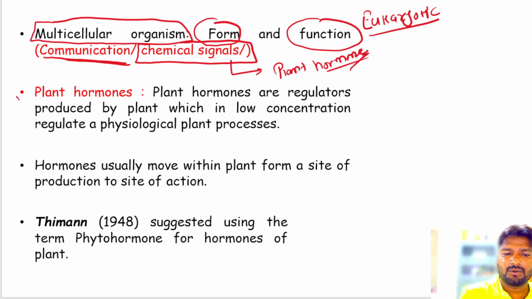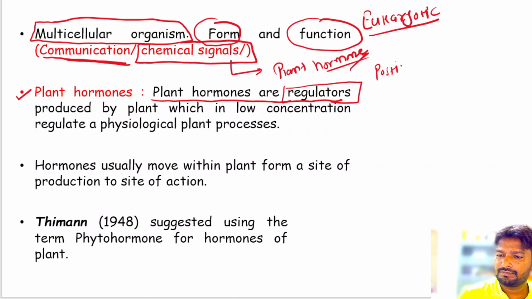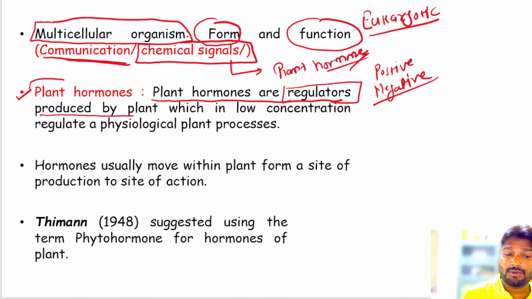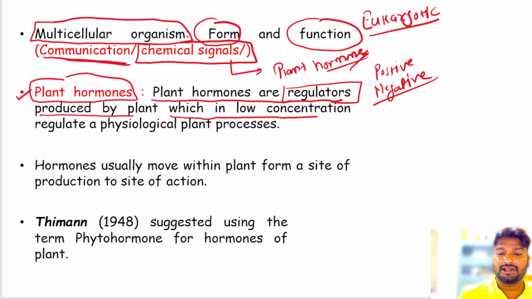If we see the definition of plant hormones, plant hormones are regulators. Regulators means they can be positive regulators or negative regulators, produced by the plant. The most important point is that they are in very low concentration, in ppm, and regulate a certain physiological process.